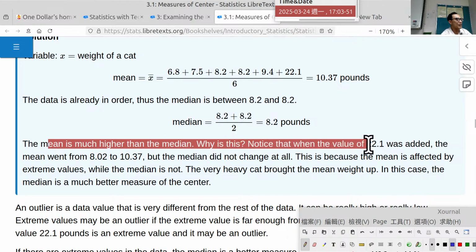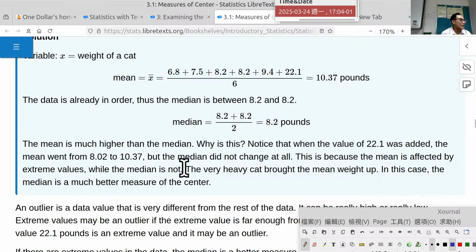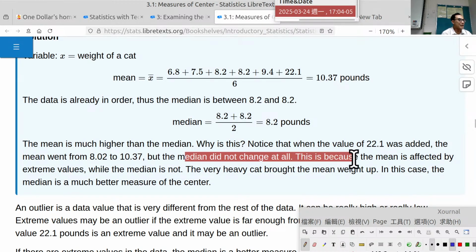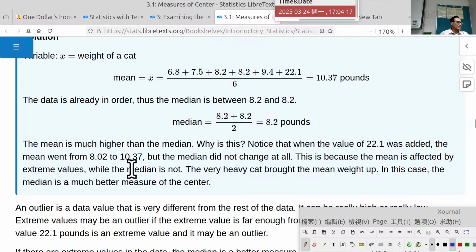Notice that when the value of 22.1 was added, the mean went from 8.02 to 10.37, but the median did not change at all. This is because the mean is affected by extreme numbers or values, while the median is not. Again, what is the definition?